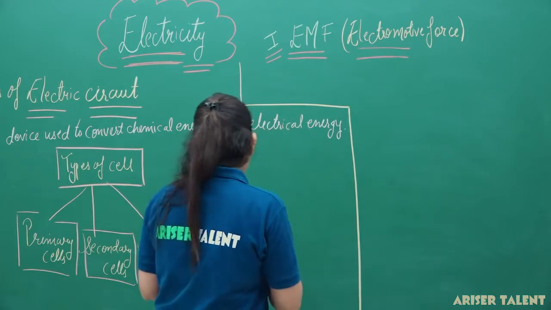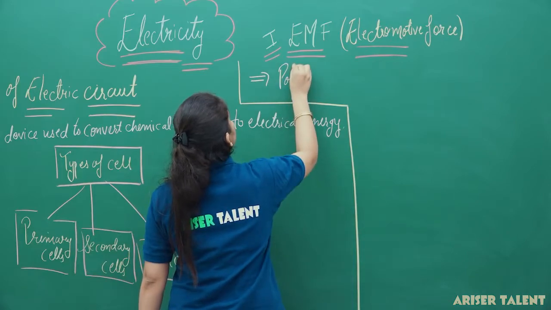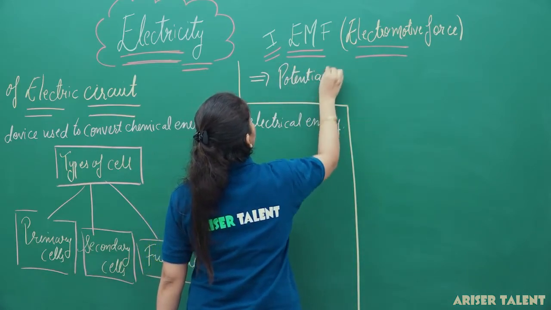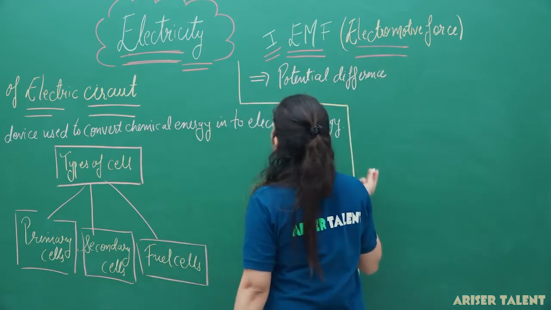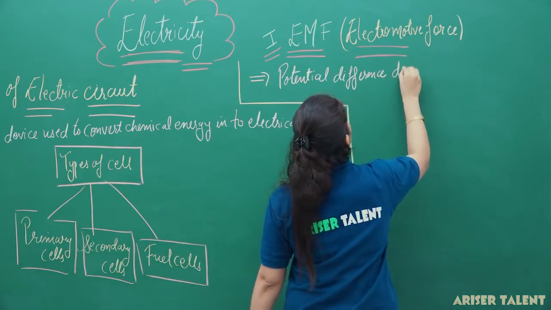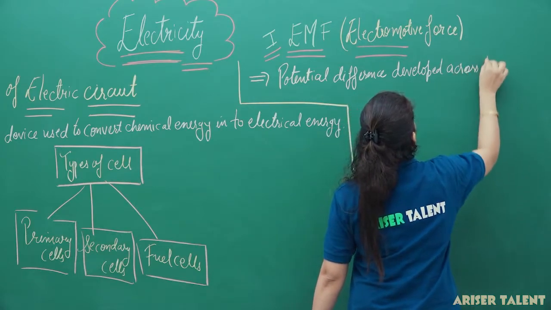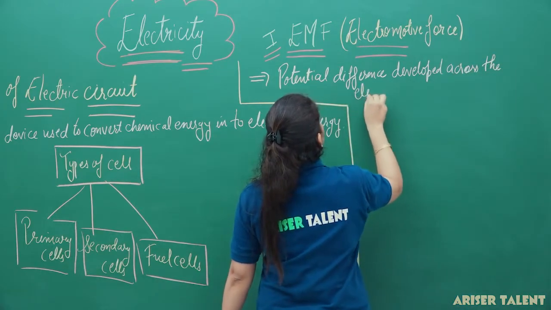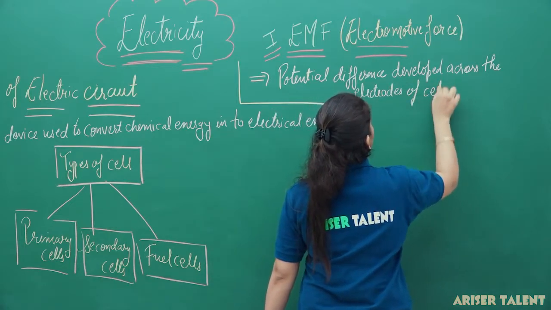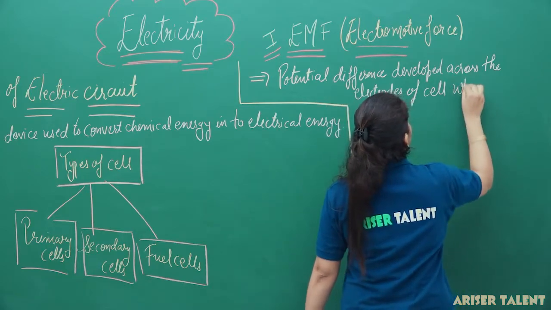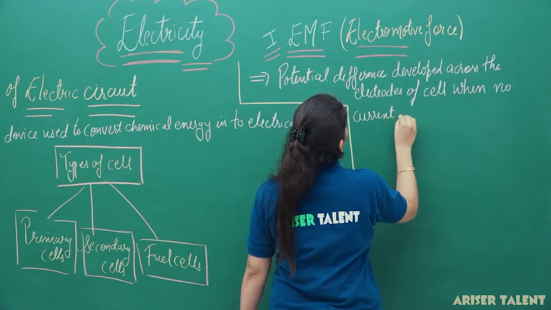Now, EMF of the cell is actually the potential difference or voltage developed across the electrodes of a cell when no current is drawn.